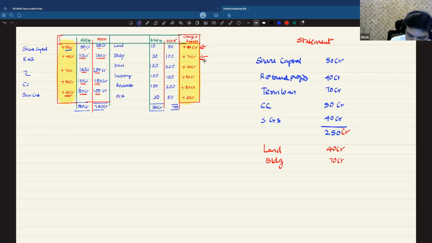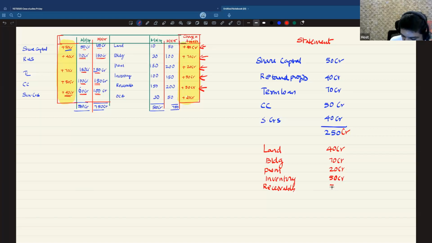It has been used for investment in plant and machinery. It is 20 crore. It has been used for investment in inventory also. It is 50 crore. What is the investment they have made in receivables? That is another 50 crore.